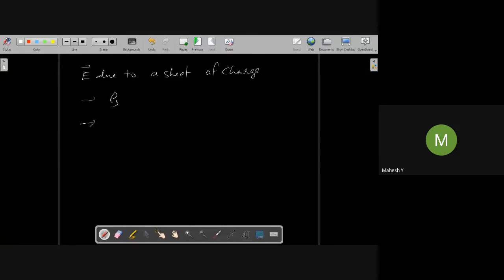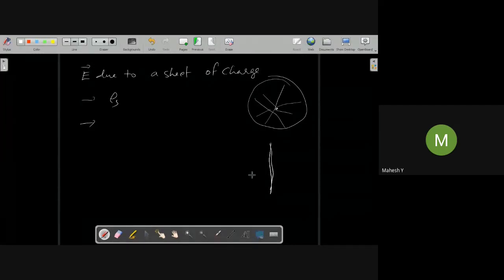Then which coordinate system? For point charge, if you consider equidistant points, it becomes a sphere, called spherical. If you consider a line, if you consider equidistant points, it becomes a cylinder.